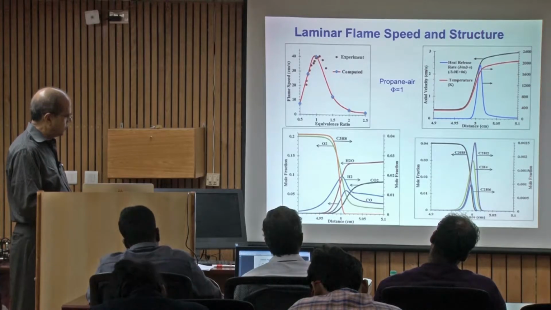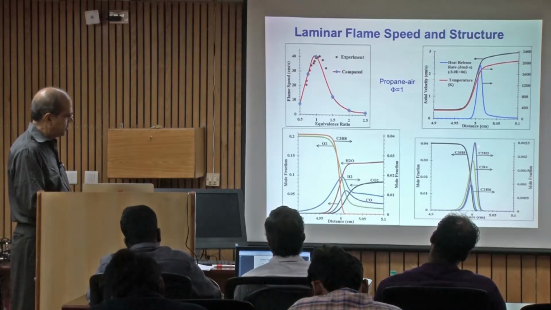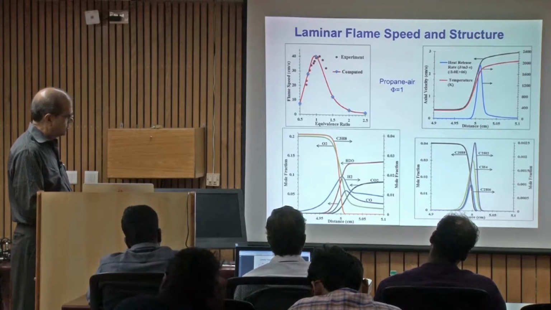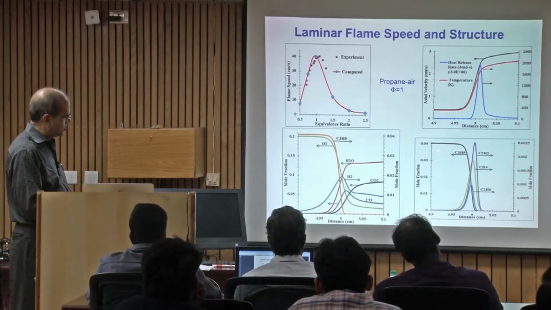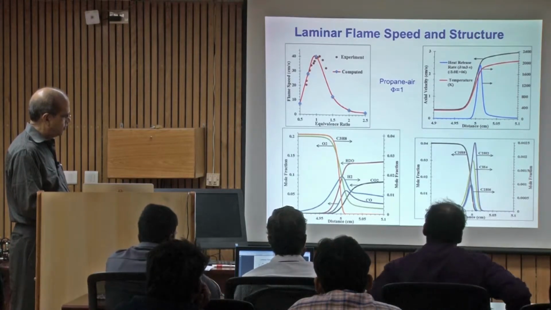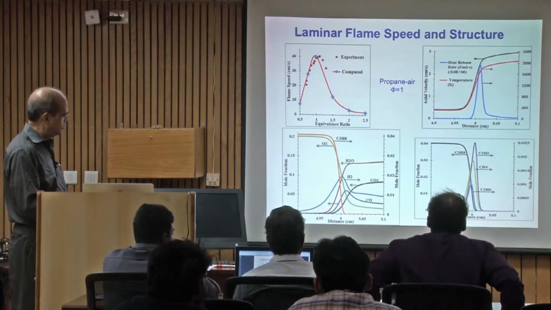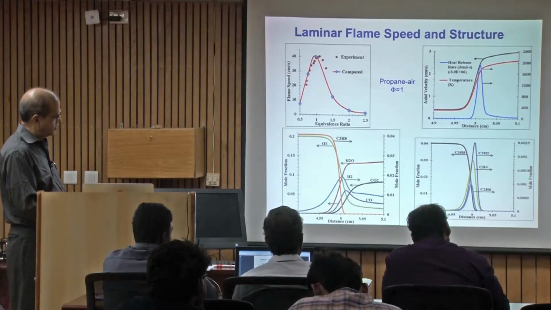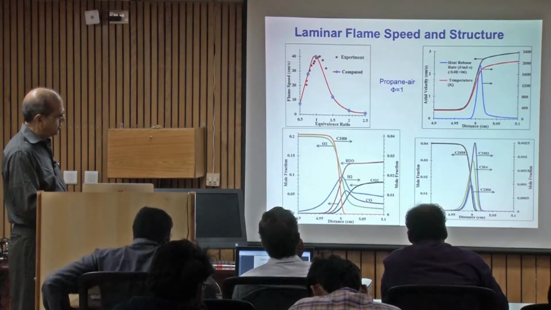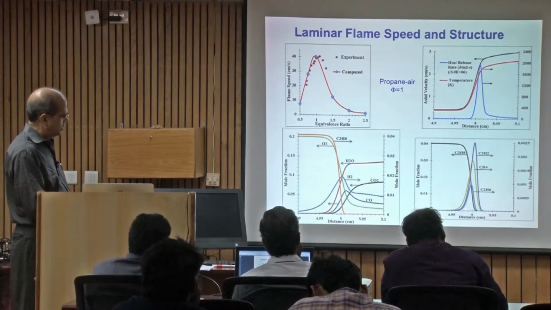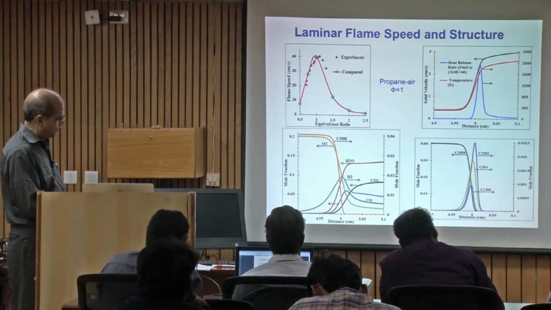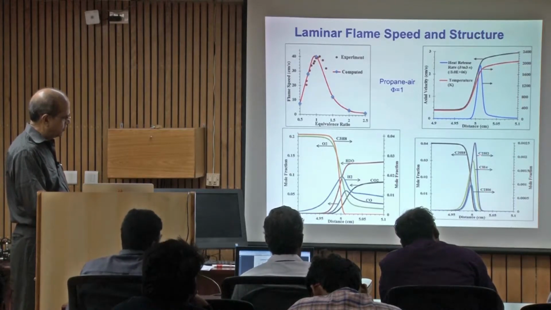Then you can also analyze the intermediate hydrocarbons. So this is the fuel mole fraction. This is just used to indicate where the flame is, and then you can see this for propane, C2H6, CH4, C2H2.